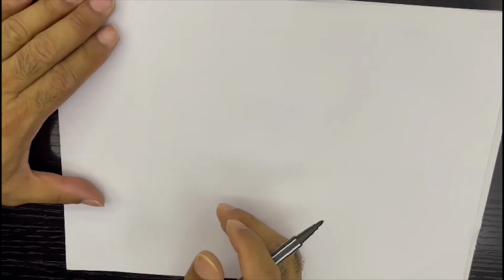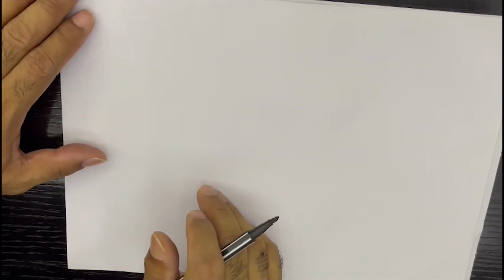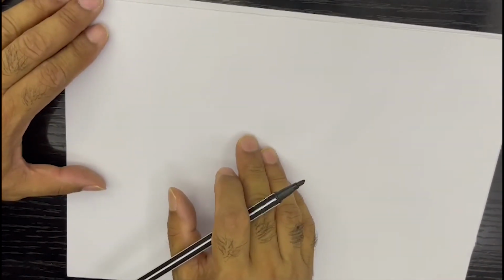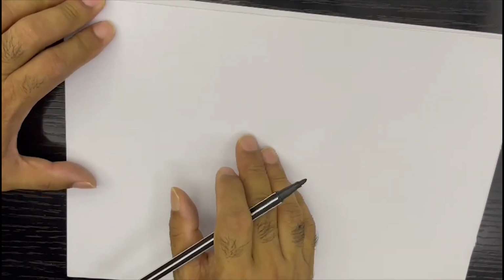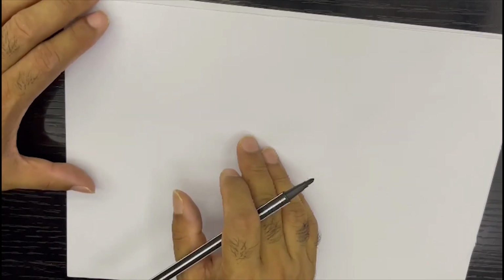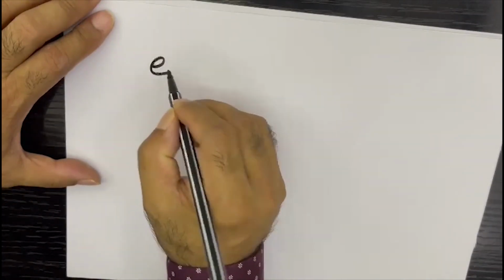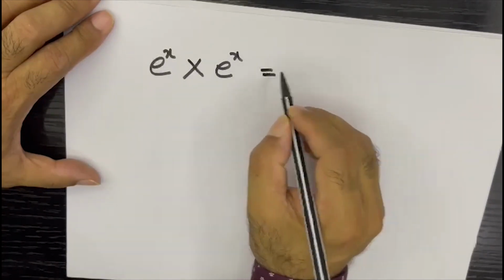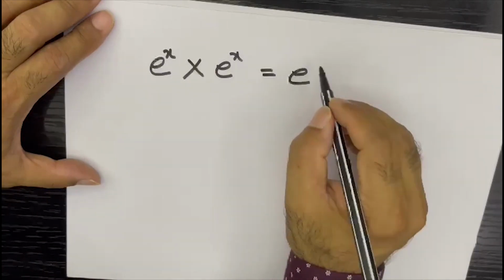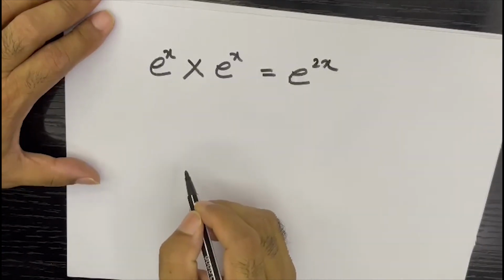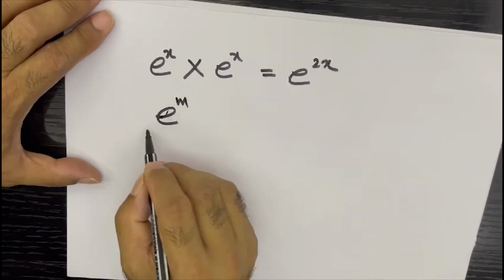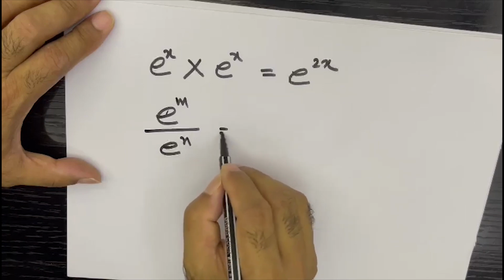There are some changes if we change the value of the exponent or the base of the function. Now, some basic rules. It's like indices. e to the power x times e to the power x equals e to the power x plus x, which is 2x. And e to the power m divided by e to the power n equals e to the power m minus n.